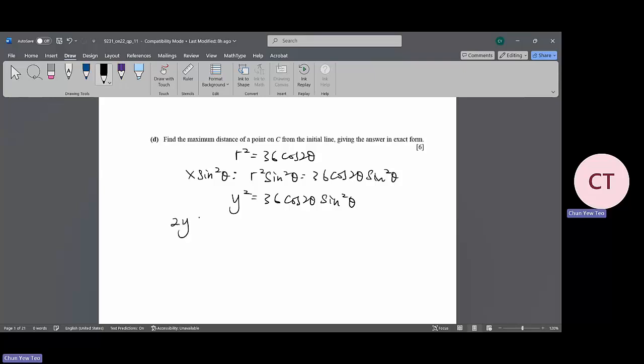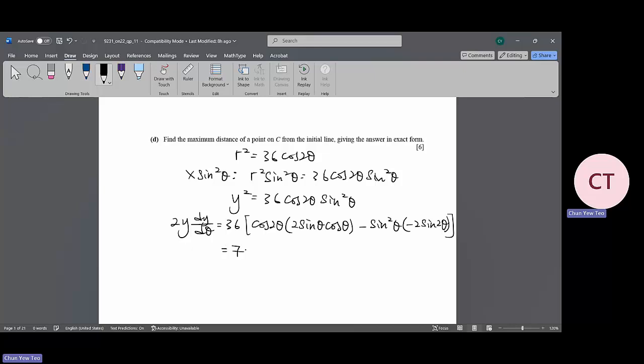Then differentiate implicitly. 2y dy d theta equals 36. Keep the left, differentiate the right. Let's keep the right, differentiate the left. Okay, so we can actually factorize the common factor out.